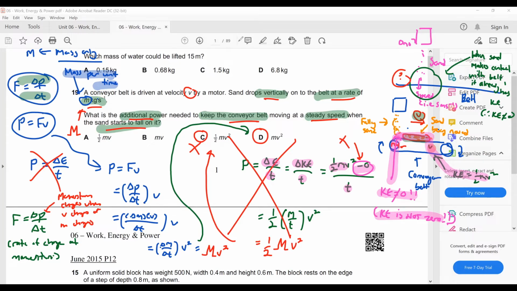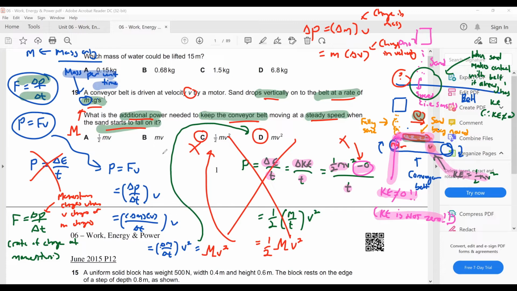Strictly speaking, I could say the change in momentum is equals to the change in mass times v, or mass times change in velocity. This one is change in mass. This one is change in velocity, right?